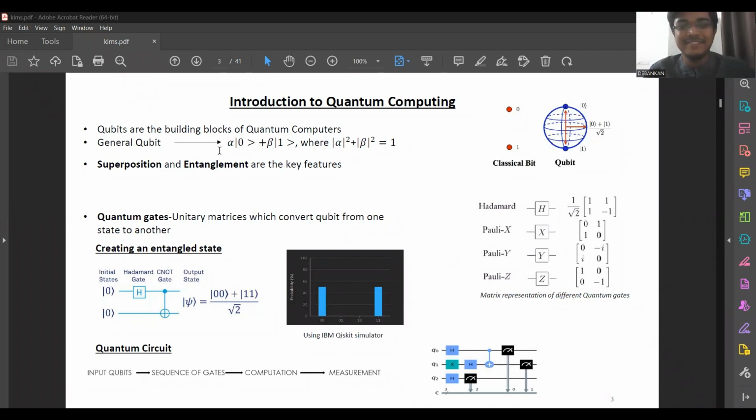Okay, so what I was telling is that this superposition and another concept, entanglement, are the key features which give quantum computing the upper hand over conventional computers. Say for example, if I have 3 coins and I toss them, there can be 2 to the power 3, that is 8, configurations of heads and tails. If I use classical bits to store all the 8 pieces of information, I will require 8 classical bits.